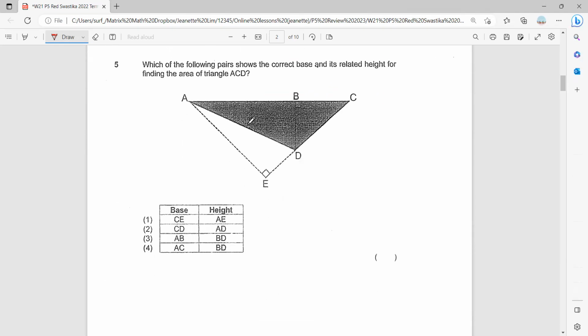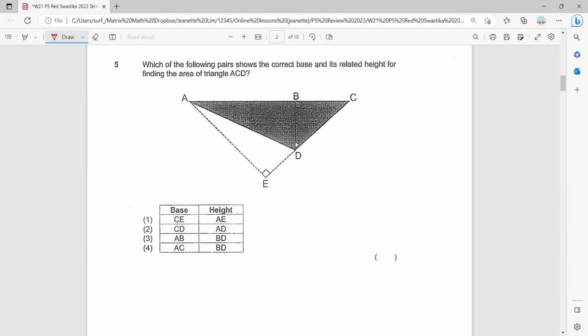Okay, question 5. Which of the following pairs shows the correct base and its related height for finding the area of triangle ACD? Okay, if you look at it, the shaded triangle, ACD, where is the base, where is the height? Now, the base can be any side of the triangle.